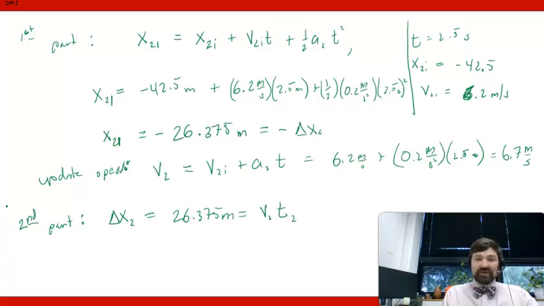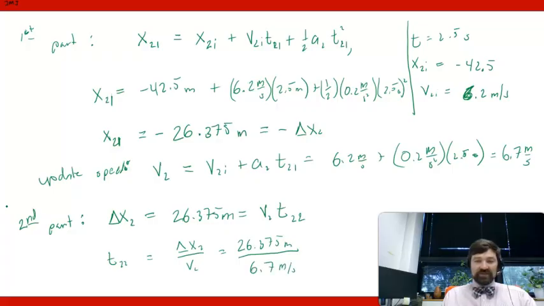So if you want to keep track of stuff by calling this all T1 or something, or T21, and then the bottom one could be T22, then essentially what you end up with is that T22 is delta x2 over v2, and that's 26.375 meters divided by 6.7 meters per second.